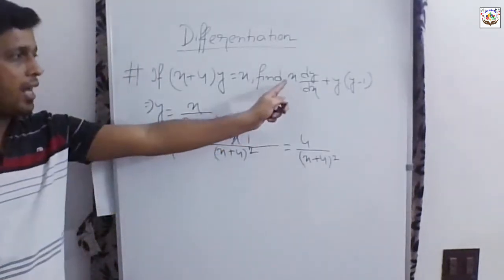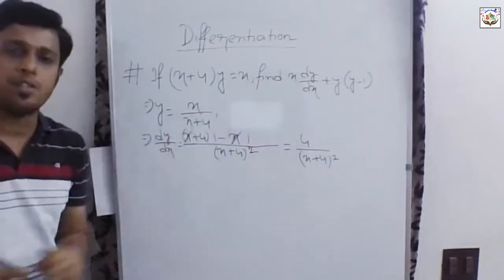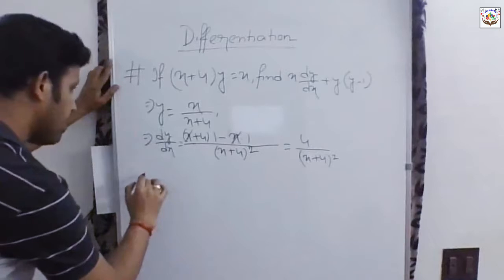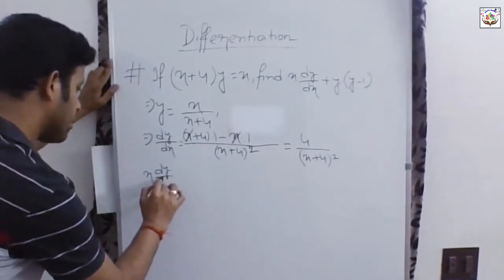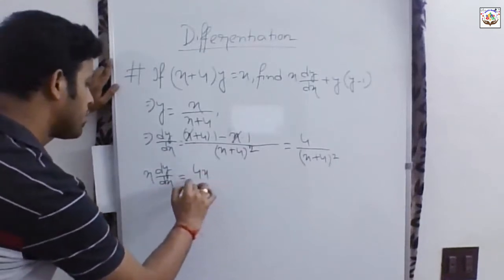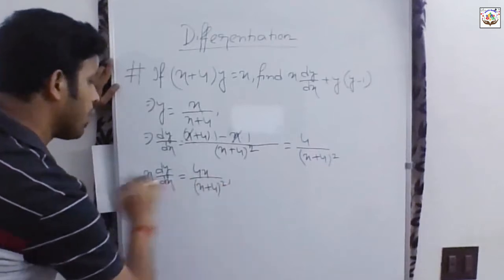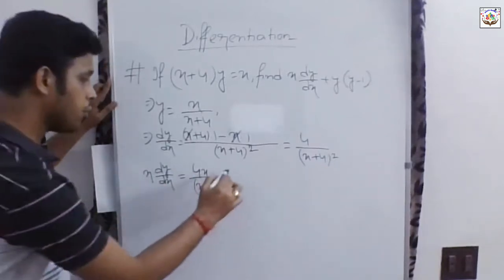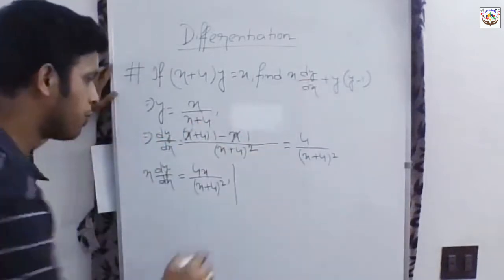So we need to find x dy dx plus y into y minus 1, the value of this expression. Okay. So if we multiply x with the dy dx, then it would be 4x divided by x plus 4 whole square, right? Now we have to add y into y minus 1 also.